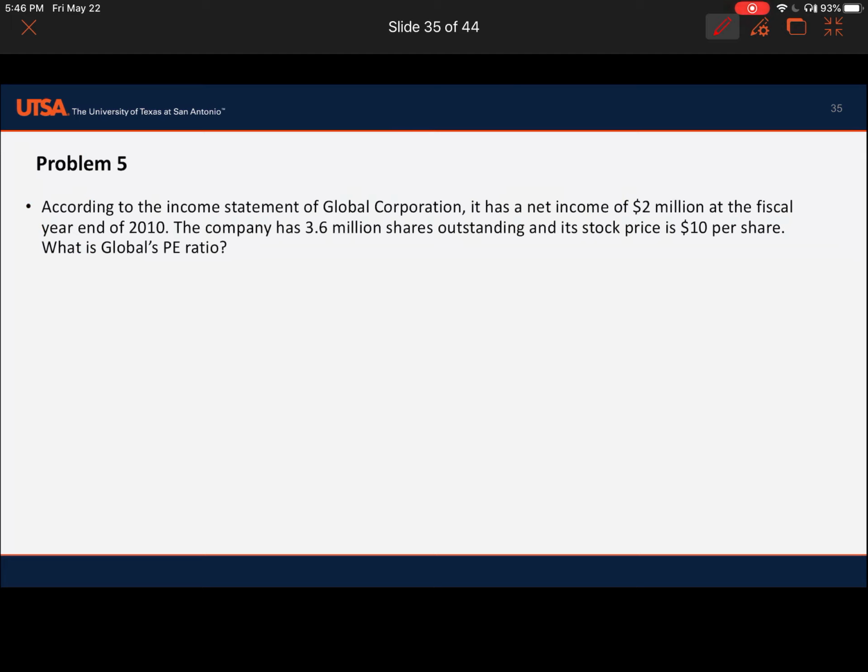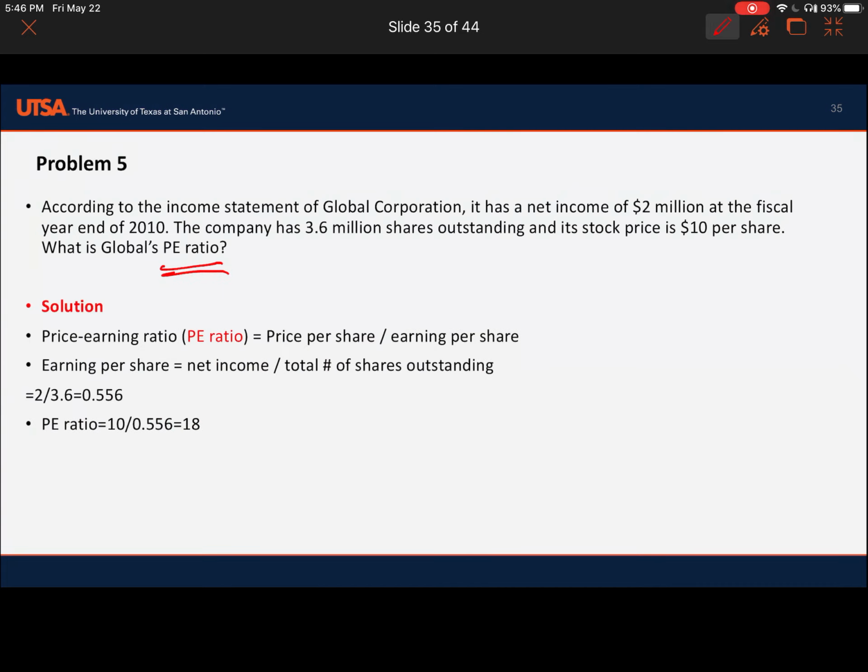Okay, let's solve problem 5. According to the income statement of Global Corporation, it has a net income of 2 million at the fiscal year end of 2010. The company has 3.6 million shares outstanding and its stock price is $10 per share. What is Global's PE ratio? PE ratio is the price earnings ratio, and we need to find price per share and earnings per share.